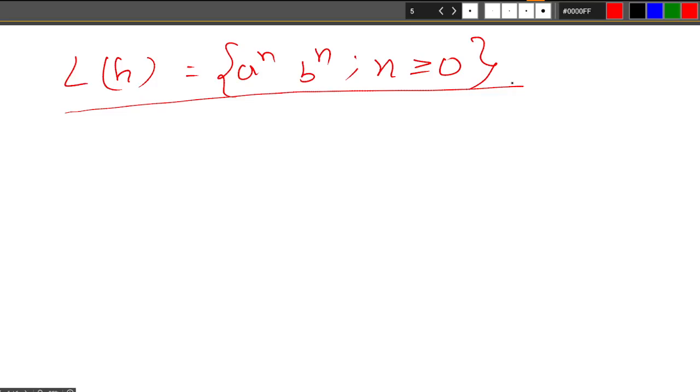My question is, is it a regular language or not? I will also ask what can be a possible grammar production rule for it. Can you tell me a production rule for this?